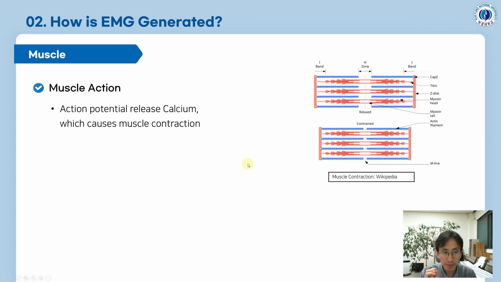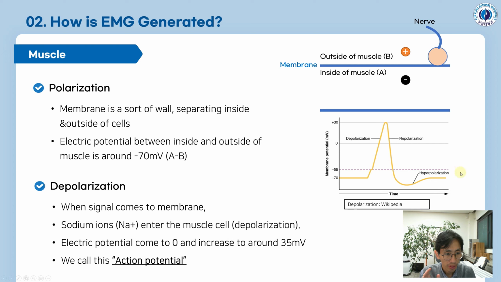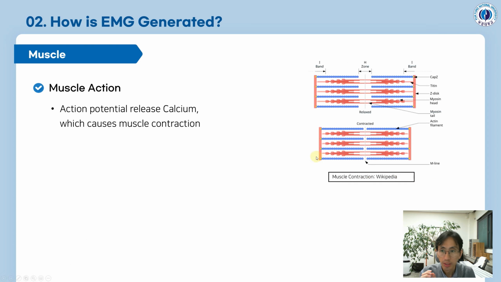At this stage, when the action potential occurs, it releases calcium, which is stored inside our muscle, and this causes muscle contraction. So it starts to contract. This is how muscle works.